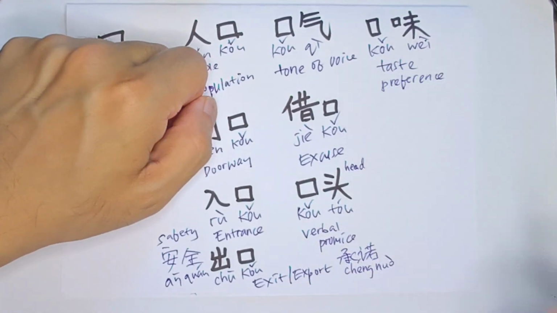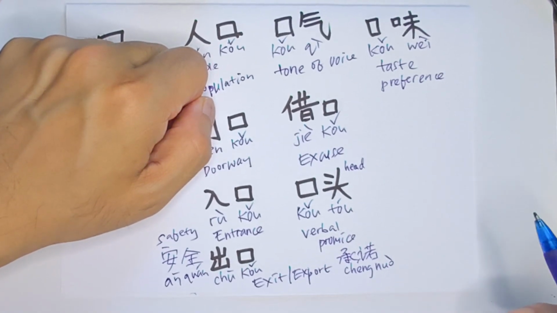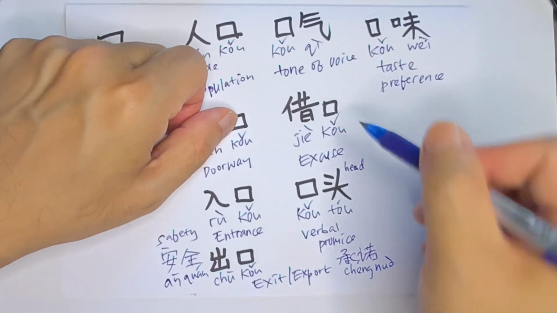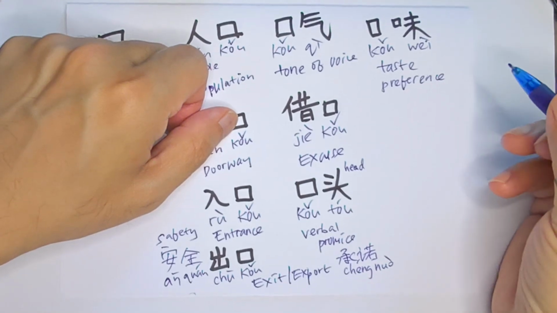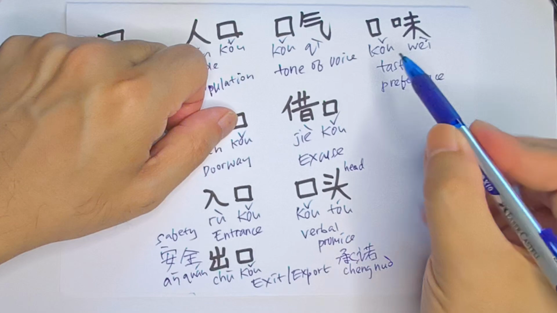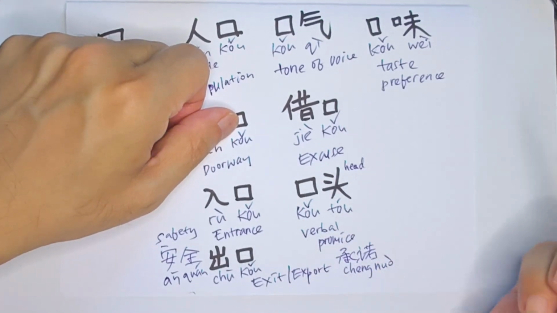You can say orange 口味, orange taste, orange flavor. And he has very good 口味 means he has a very good taste.